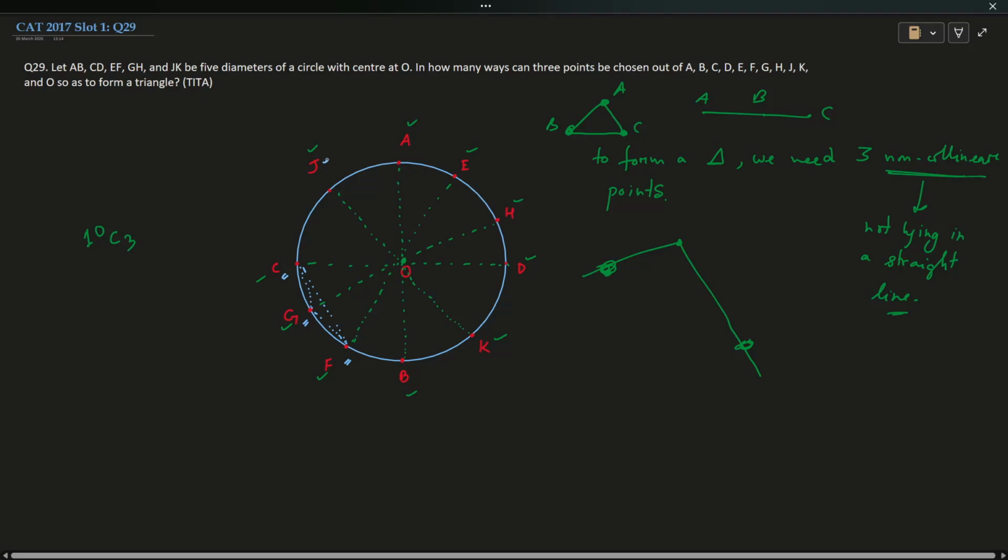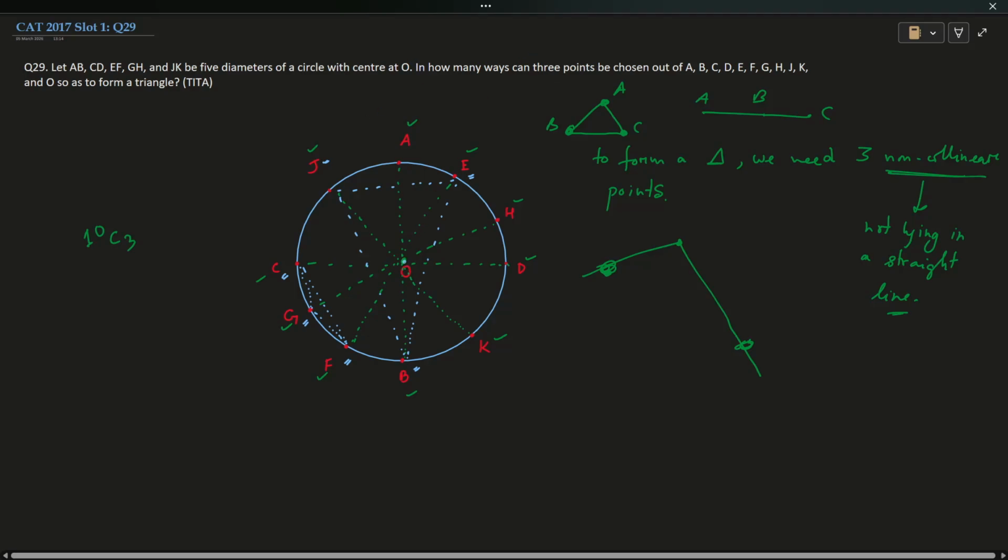I can consider the point J, the point E, the point B, and if I join them, I will get a triangle. The points on the circumference of the circle are non-collinear. That is why I am writing 10C3. That means out of 10 different points, I am selecting 3 points. And after I choose the 3 points, I will get a triangle.